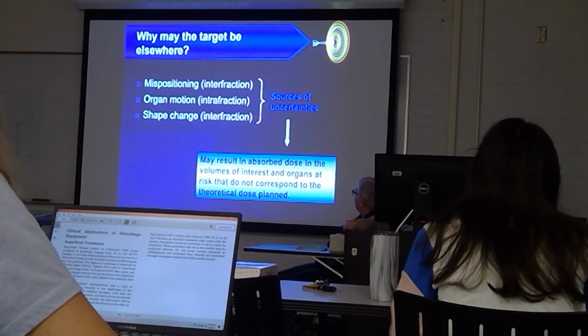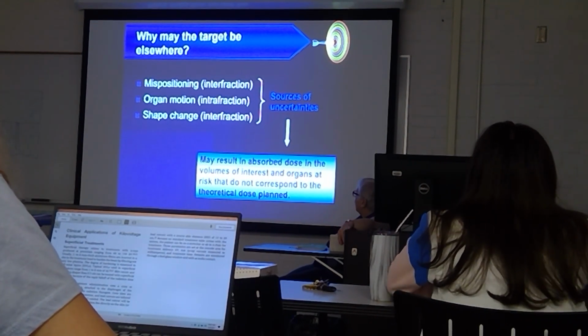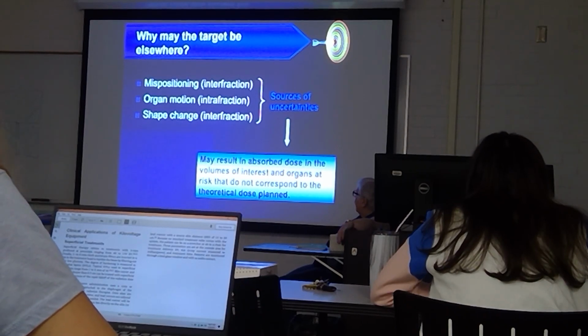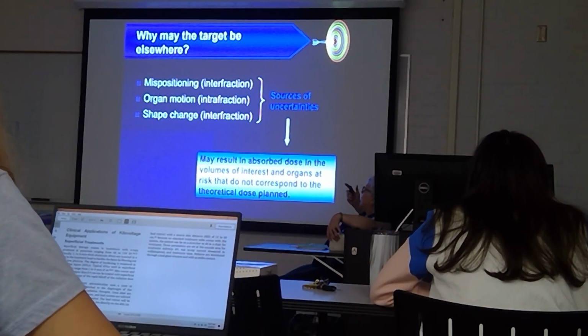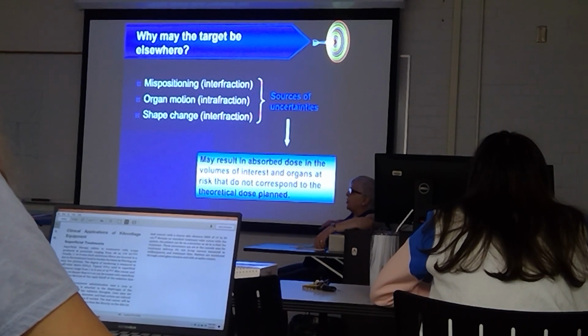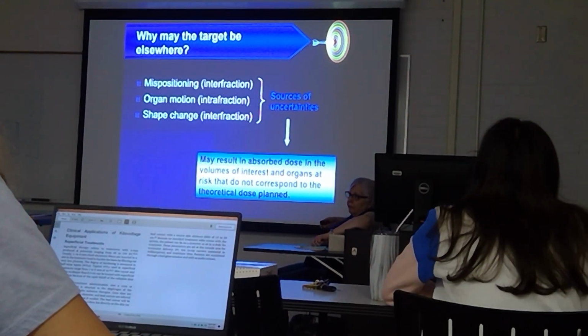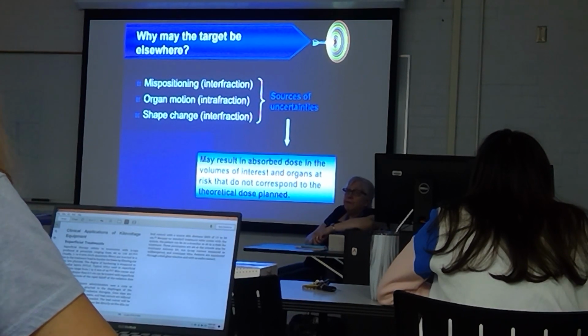So it may result in absorbed dose in the volumes of interest and organs at risk that do not correspond to the theoretical dose plan. So the doctor says, okay, I want 7,800 centigray to the prostate, and the bladder can only have 4,500, and the rectum can only have 4,000.